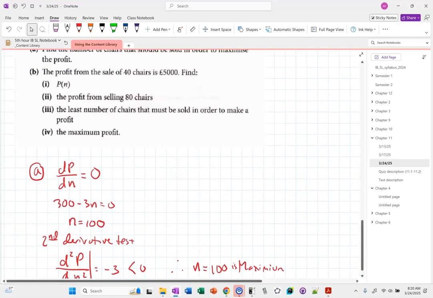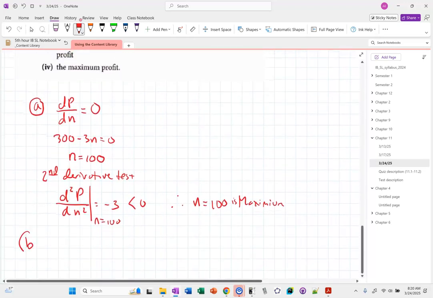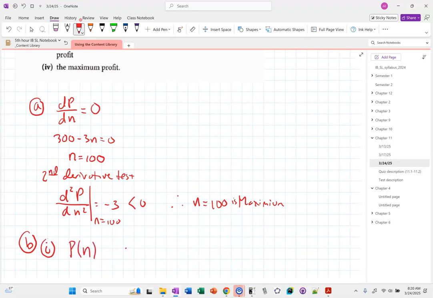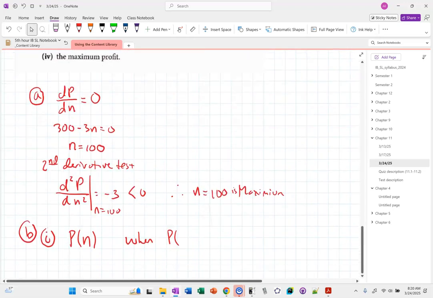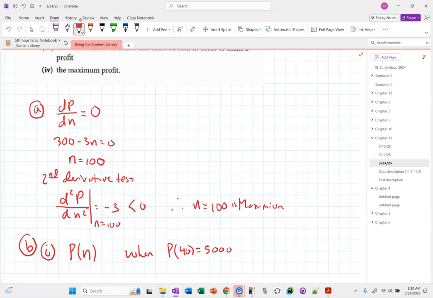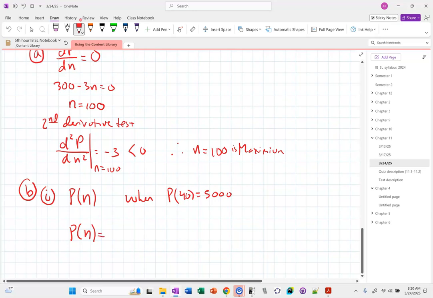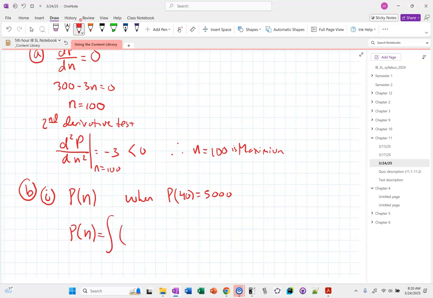All right. It says the profit from the sale of 40 chairs is 5,000 pounds. Find P of n. So it's asking us to find P of n when P of 40 is 5,000. Well, P of n is just going to be the integral of my dp/dn.